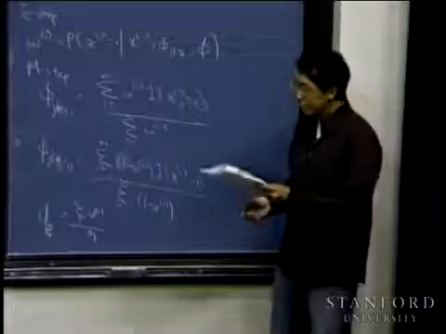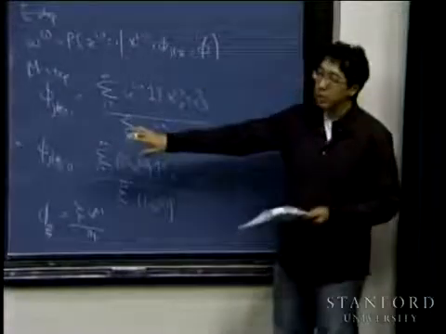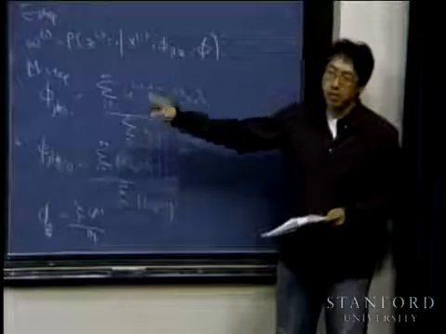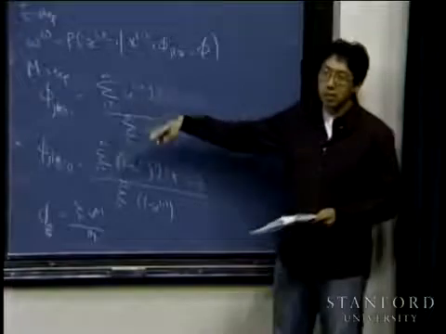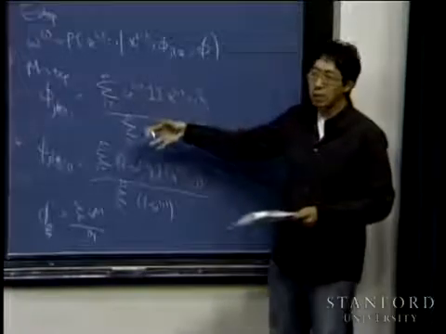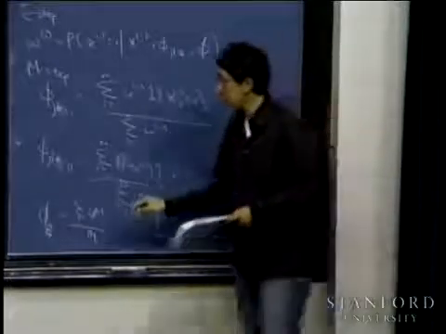Okay. Oh, and of course, the way I got these equations was by churning through the machinery of the EM algorithm, right? I didn't just write these out of thin air. The way you do this is by writing down the E step and the M step for this model, and then for the M step, setting derivatives equal to 0 and solving for that. So that's how you get the M step and the E step.